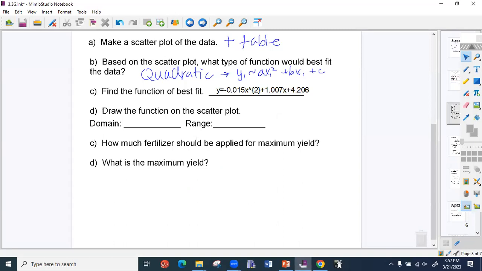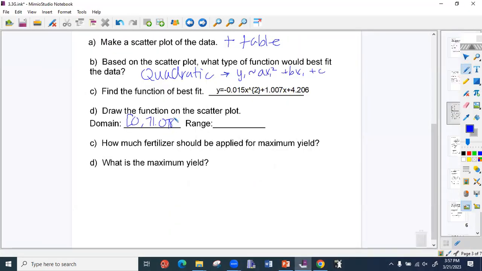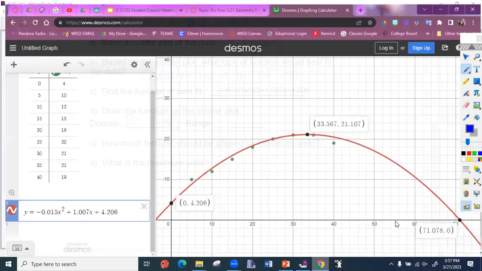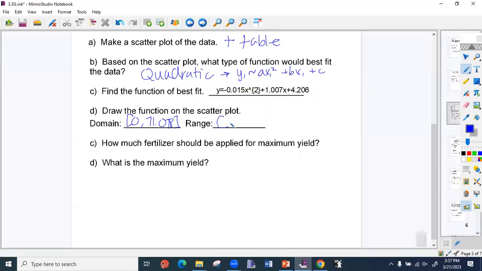So we're going to write our domain from 0 to 71.078. Okay, our range. Range is from bottom to top. So our lowest Y value is 0, but our highest Y value is 21.107. So we're at 0 to 21.107.